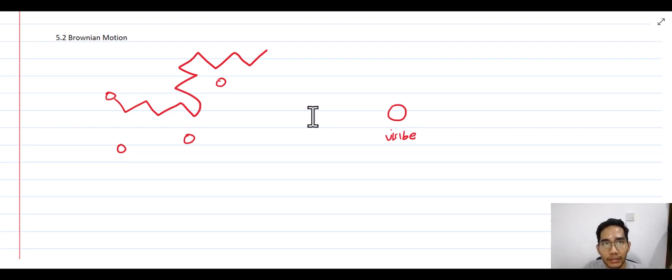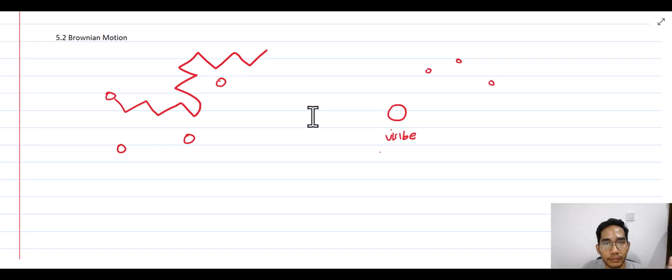The invisible particles are particles that are way too small to be seen, like the particles of air. So the particles of air, let's just draw the particles of air, right? Like this. It's very, very small, so small that we can't see it under the microscope. But we can sense their presence by the movement of the visible particles.